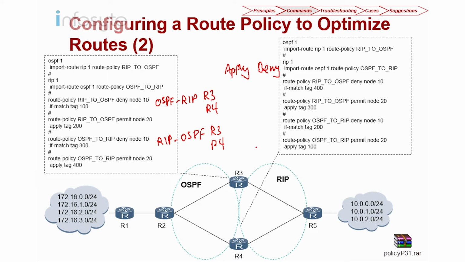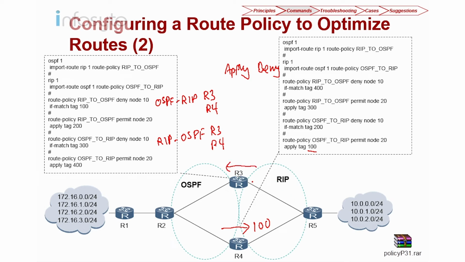Firstly, when we do the OSPF to RIP importing of the route, we are going to apply a tag of 100. So anything that I import from the OSPF using R4 will have a tag of 100. This tag will be carried to R5 and R5 is going to send to R3.